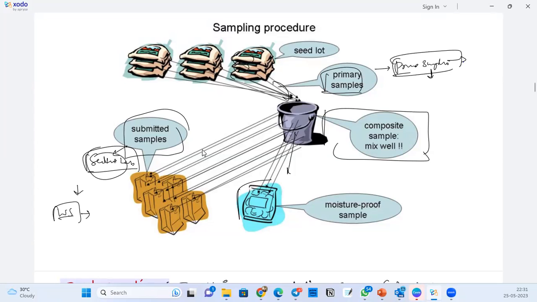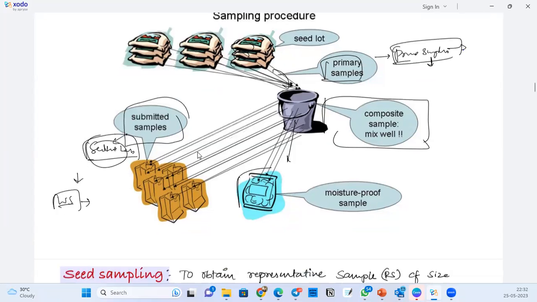They will definitely ask about the table. There is a fixed table already, and based on that they will ask directly what number of primary samples need to be taken if the seed lot size is this much, whether it is in a container, in a bag or in bulk. We'll discuss it separately in the next class. I'll take one more class, conclude, take the questions on this seed lot, and conclude what things are to be delivered.